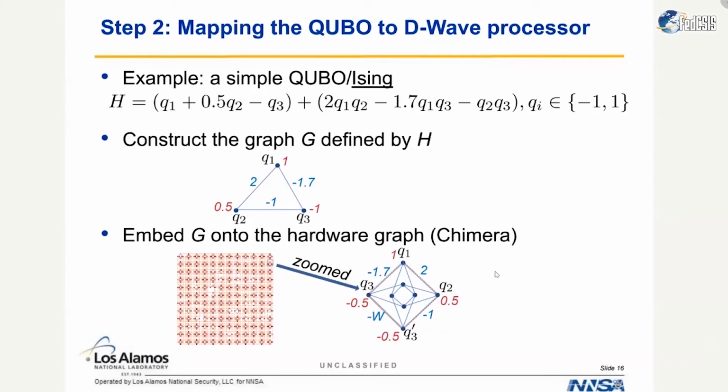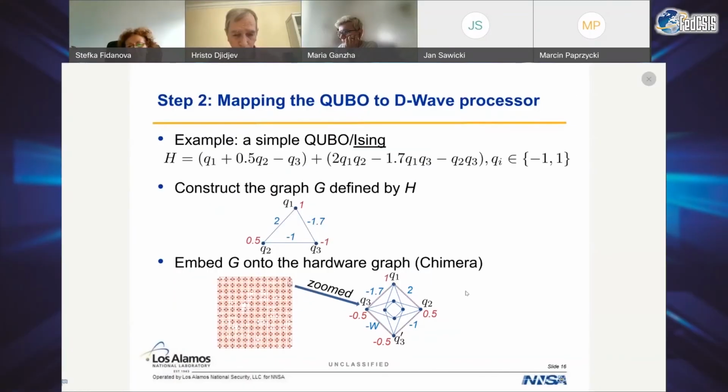Here we have Q3 and Q3 prime representing the variable Q3, and we connect them with a large negative weight to enforce that Q3 and Q3 prime will hopefully take the same value at the end of the annealing. Such connected qubits that work as a single variable are called chains, and we'll be talking about chains later.